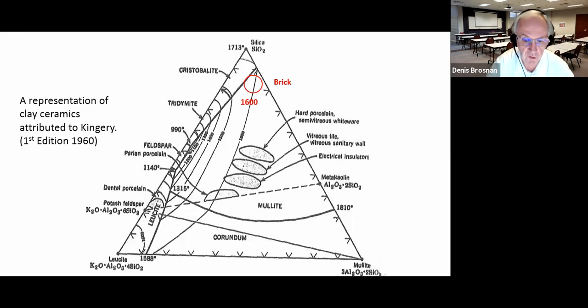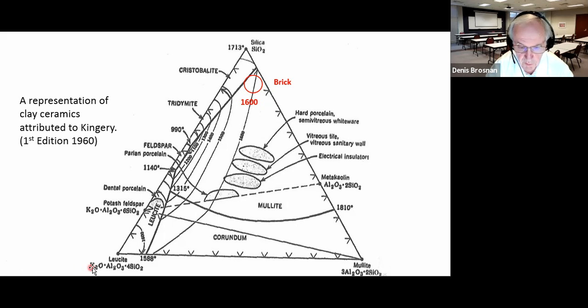Now here's a representation of vitrified ceramics. Vitrified meaning held together by glass after firing. Crude glass that cements the particles together, the residual particles together within the ceramic.